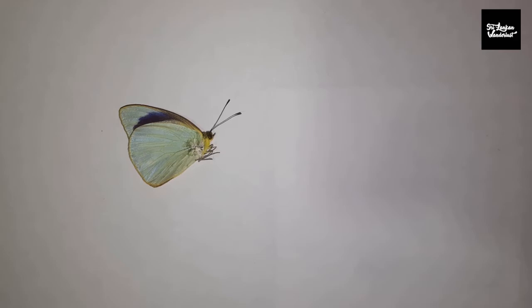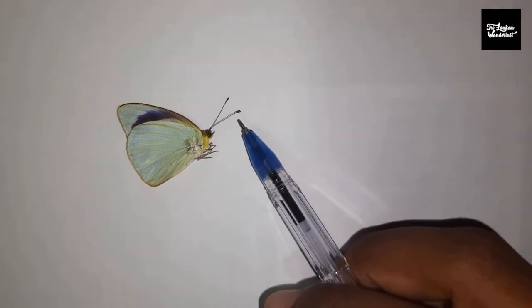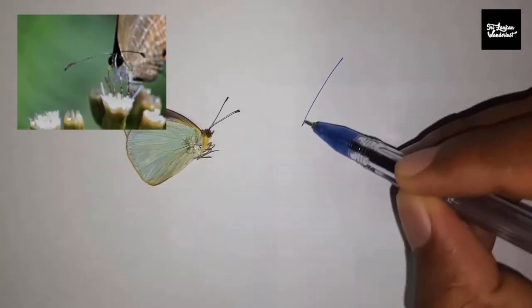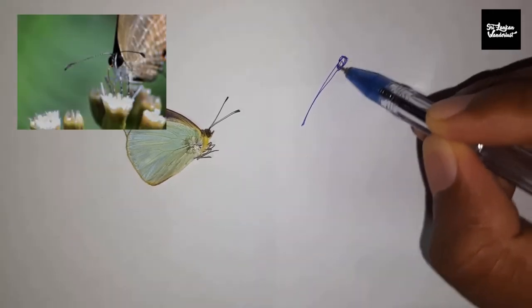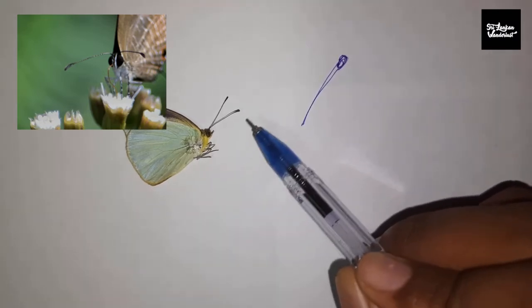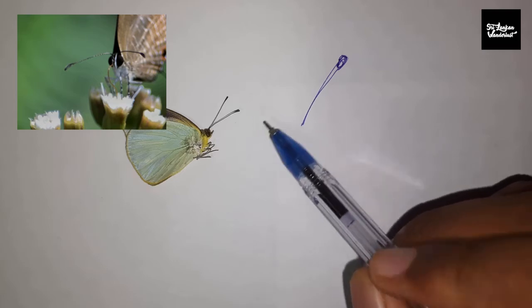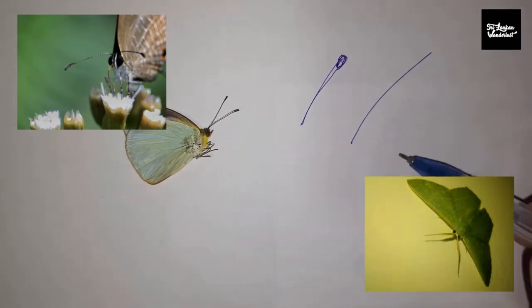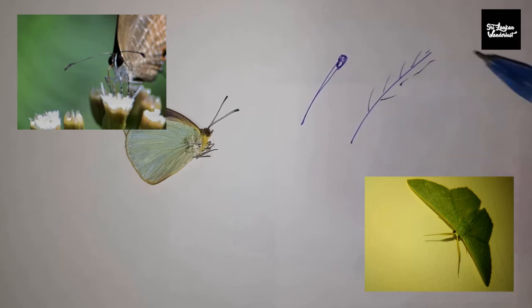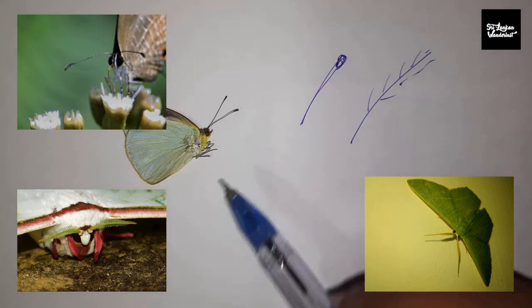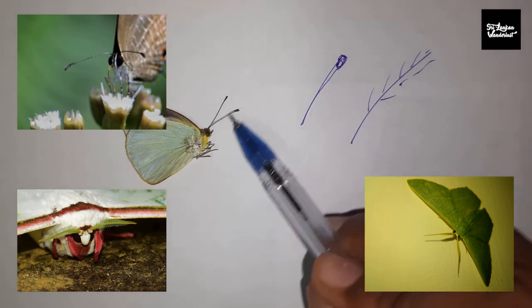First thing you'll have to notice is that these antennas are club shaped, which means that they have a little bubble at the end, right? That is a distinct characteristic of a butterfly because most of the time moths have antennas like this, or maybe with hairs, and they are very beautiful antennas for moths, but all the time butterflies have this kind of antenna.